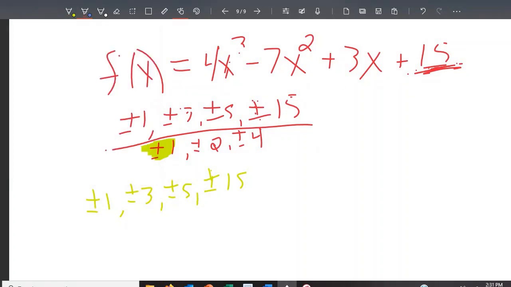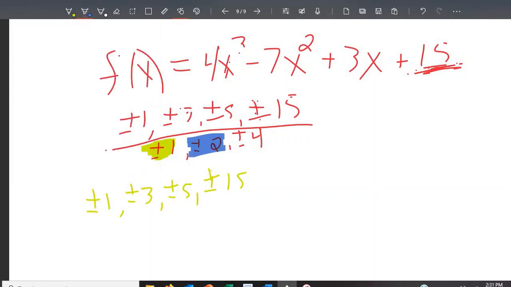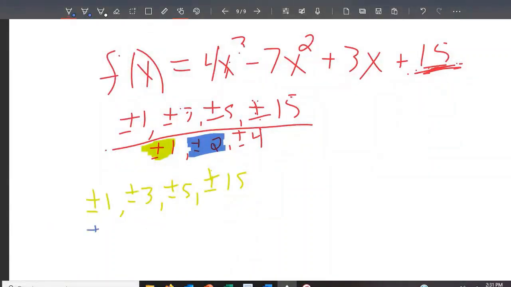I'm going to take the top and divide everything by 2. So we'll have plus or minus 1/2, plus or minus 3/2, plus or minus 5/2, plus or minus 15/2.